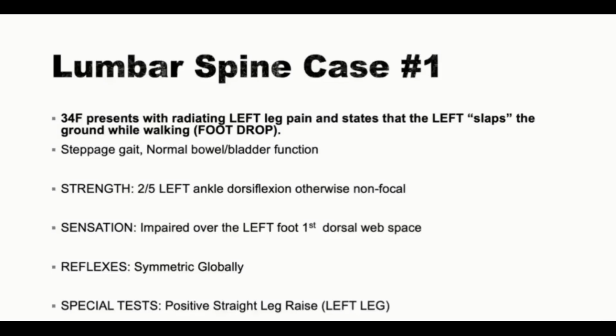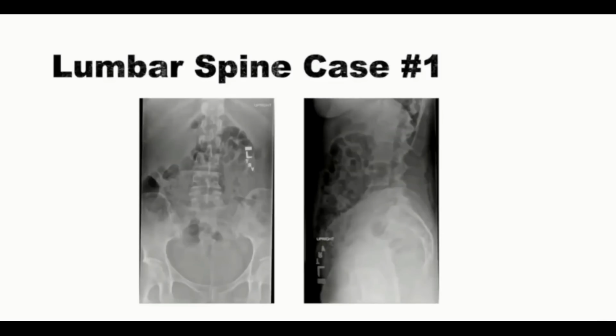So I don't know that this examination is going to allow us to tailor it down to a few nerve roots, definitely on the left side, because it's not global. And with the dorsiflexion of the ankle and the first dorsal web space, we're somewhere between an L4 and L5 root as the cause. So we go to the imaging. We see that the patient doesn't have a lot of coronal plane deformity.